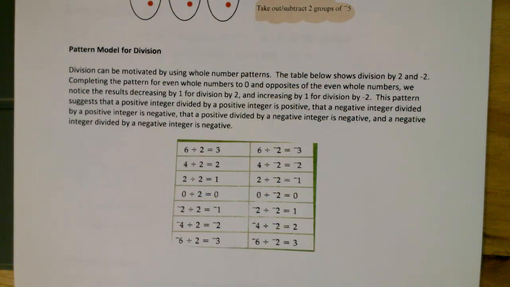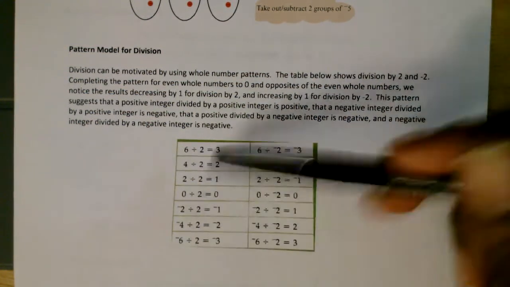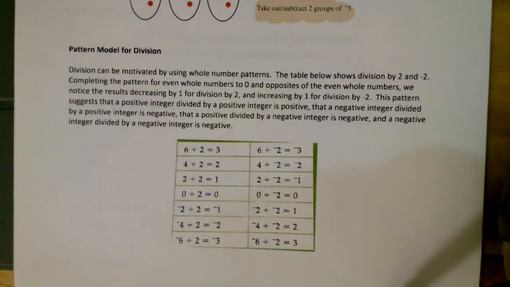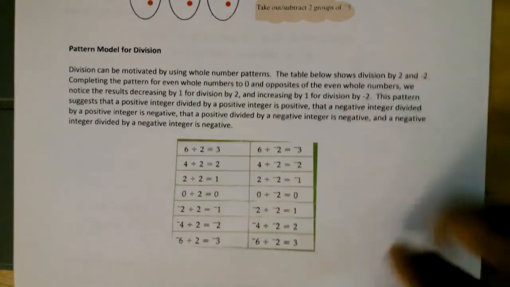This pattern suggests that a positive integer divided by a positive integer is positive, that a negative integer divided by a positive integer is negative, that a positive integer divided by a negative integer is negative, and a negative integer divided by a negative integer is positive. Okay, so here's what that table looks like, and that's what the pattern is in this case.